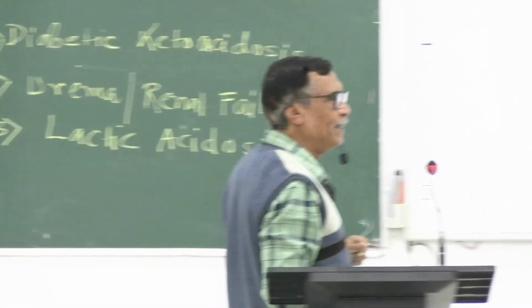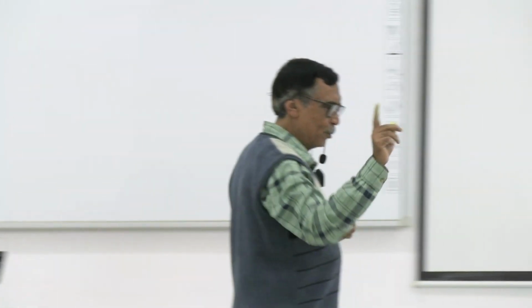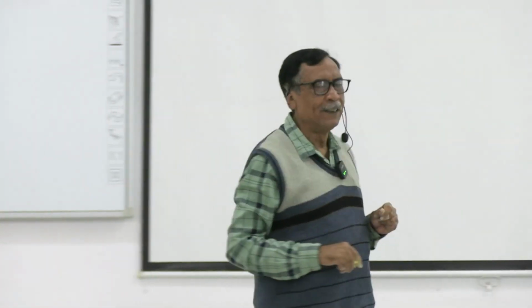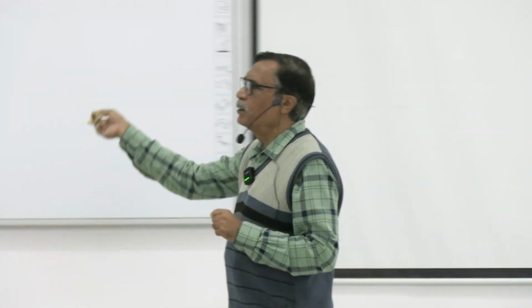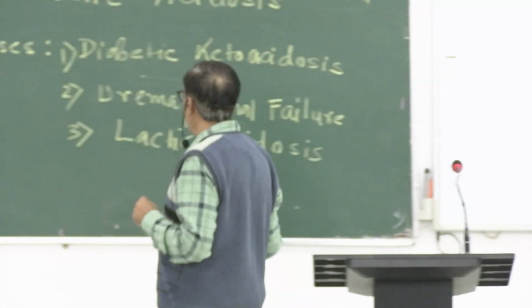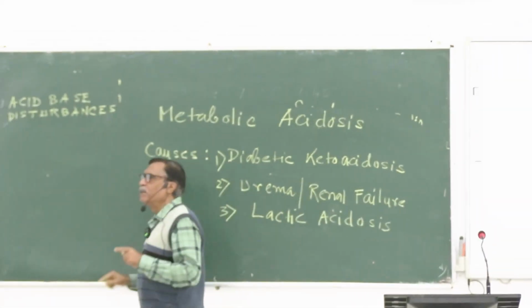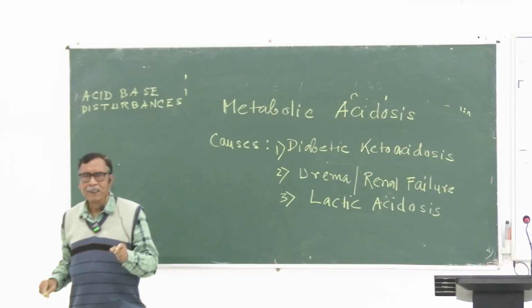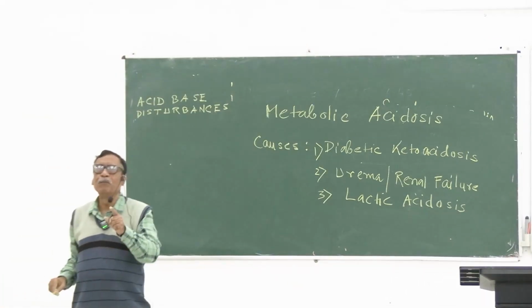Muscle and RBC are the sole sources of lactic acid, and this lactic acid is converted to glucose. But when it accumulates, it causes lactic acidosis, a variety of metabolic acidosis.